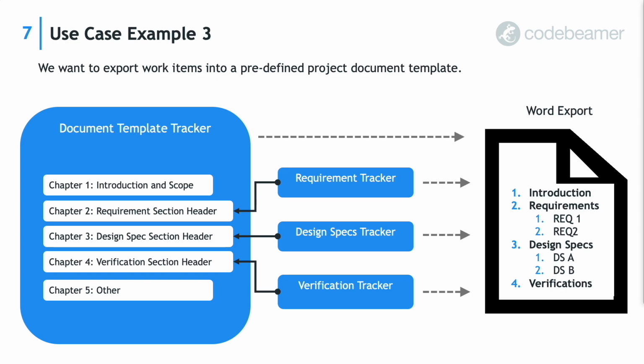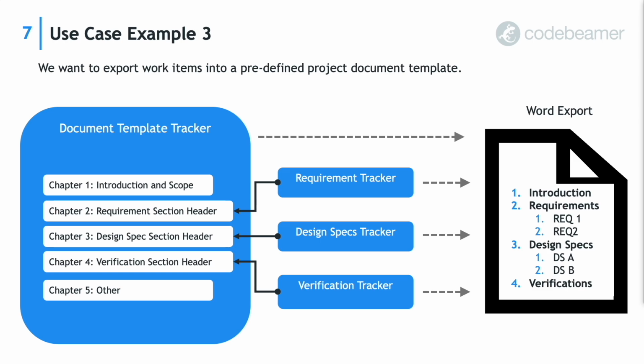The first chapter is a general introduction and scope description for the project. The second chapter item represents the requirements section header, the third, the design specification section header, and the fourth, the verification section header.